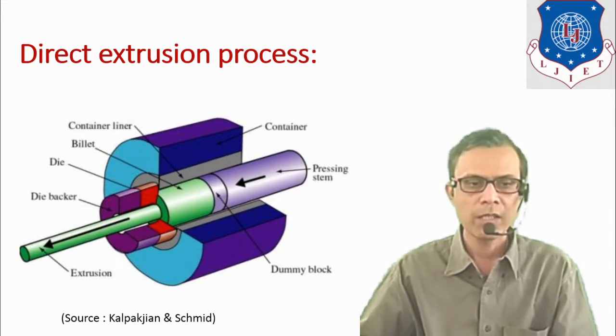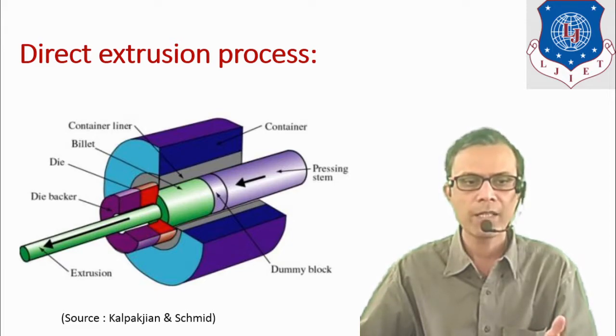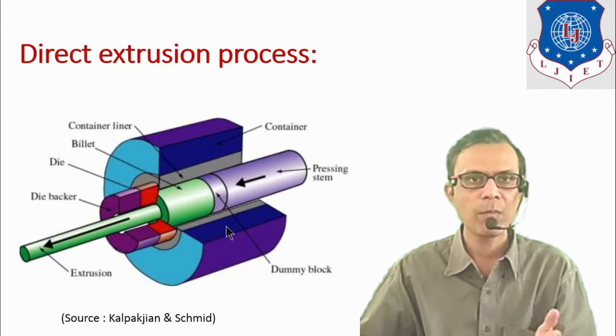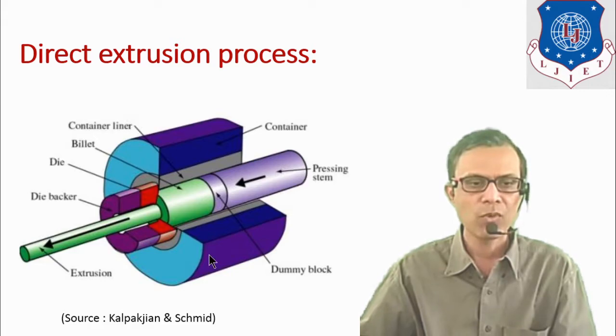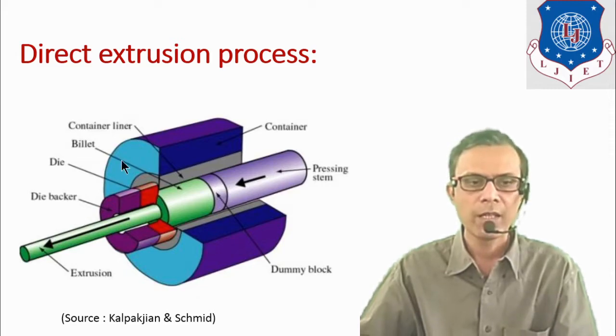Now here this billet is hot and there is movement between the billet and the inner walls of this container. So there will be friction between these two surfaces, so high force is required. For this purpose, this dummy block is provided. And sometimes an oxide layer is also used to minimize the friction between the hot billet and container walls.